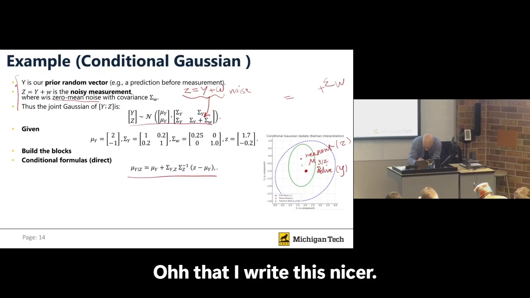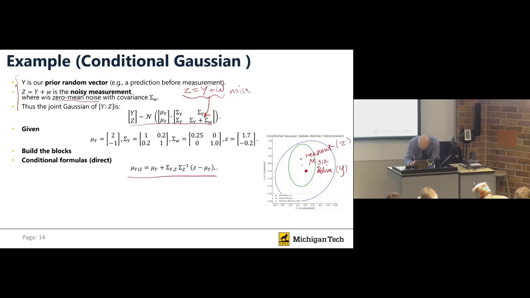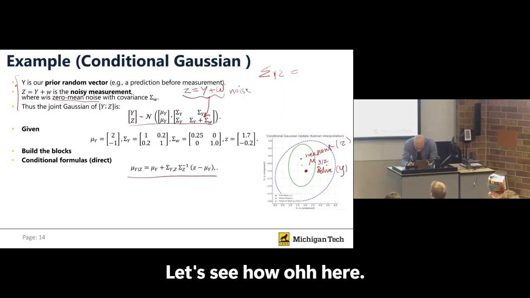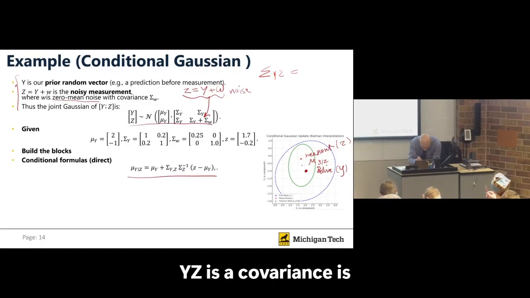Oh, let me write this nicer. Okay, so sigma yz is equal to, let's see. Sigma yz is a covariance.